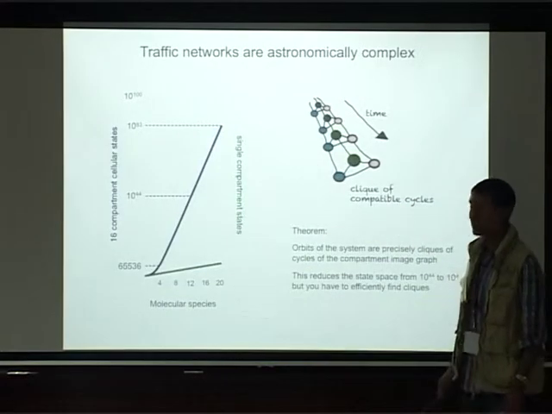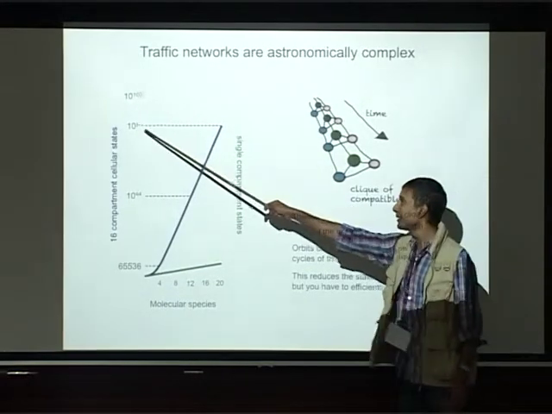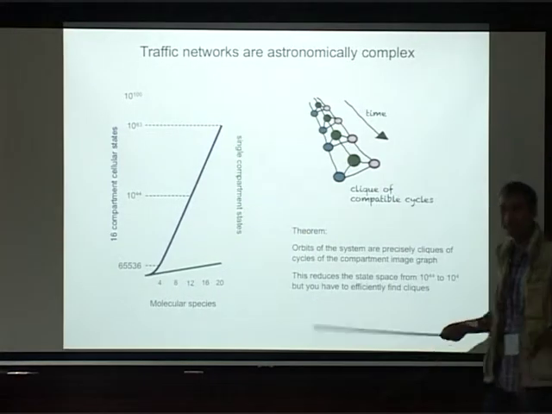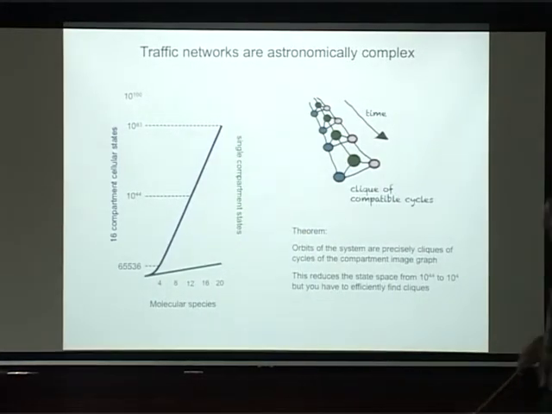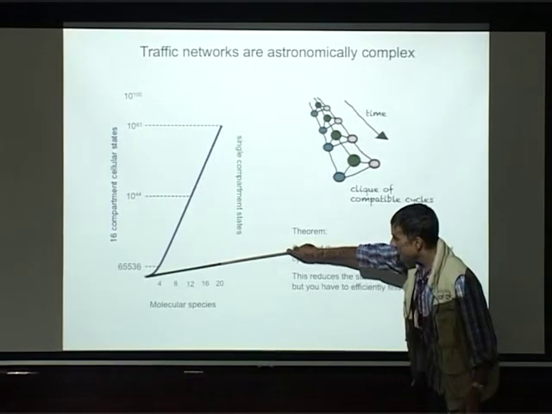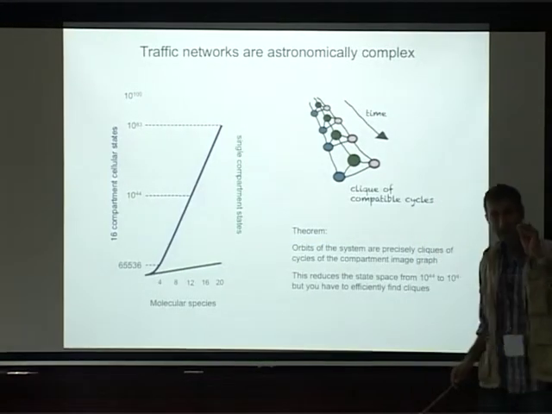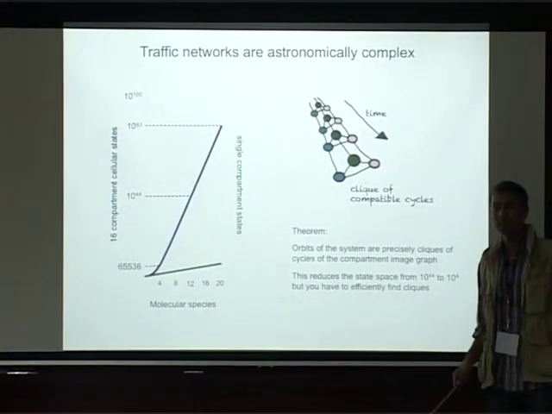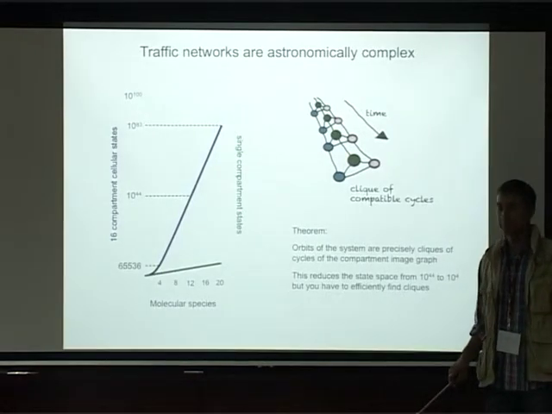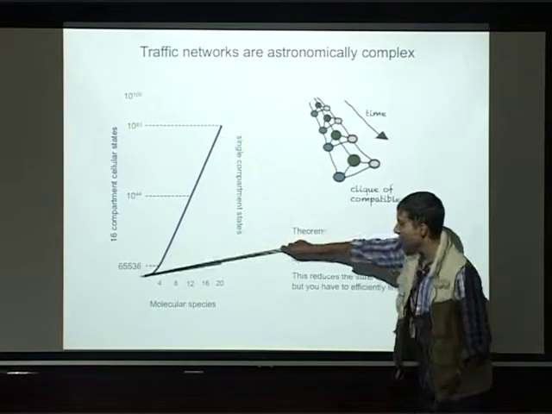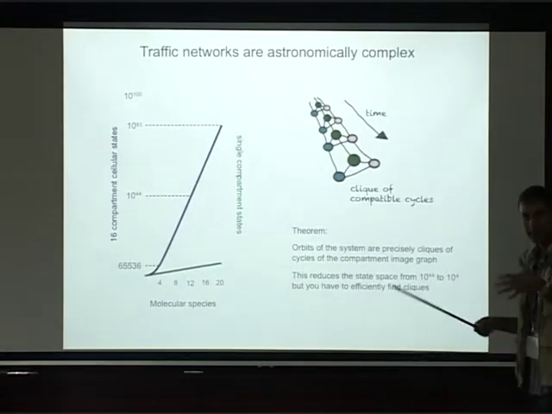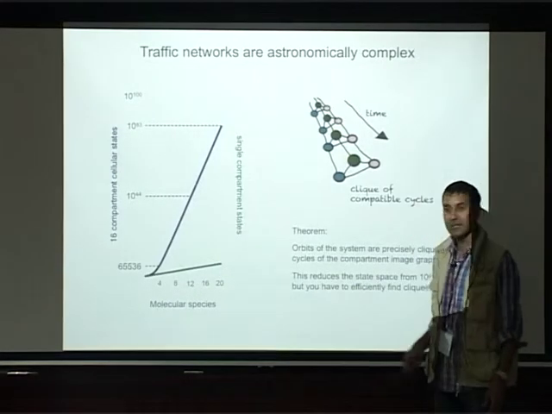With just 20 molecular species, you're already approaching 10 to the 83, which is not even a number. It doesn't mean anything. The number of states a given compartment can be in is just 2 to the power n, so on a log-linear plot it's a straight line. With 4 molecules, the number of states a compartment can be in is 16.